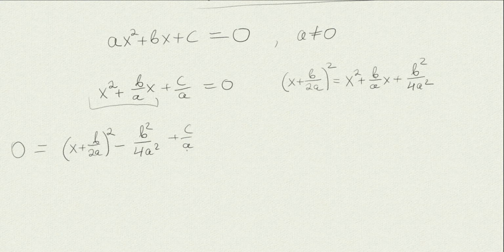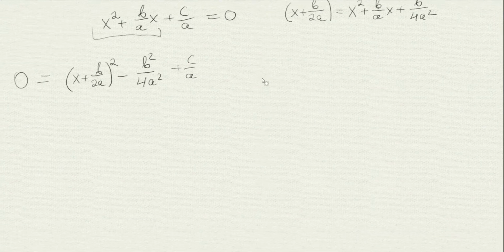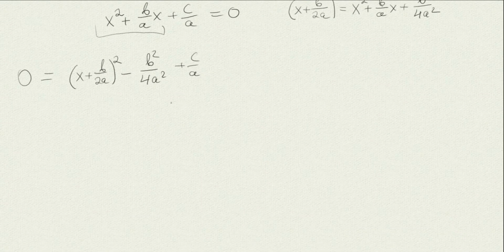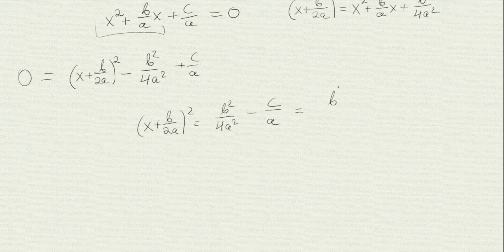So now if we switch this to the other side, we have (x + b/2a)² = b²/4a² minus c/a. And now if we bring it to a common denominator, we have (b² − 4ac)/4a².